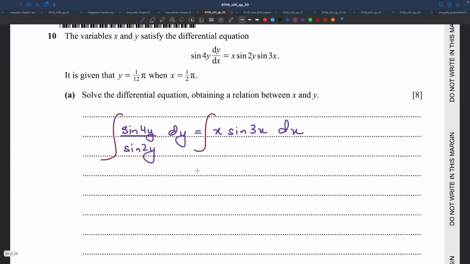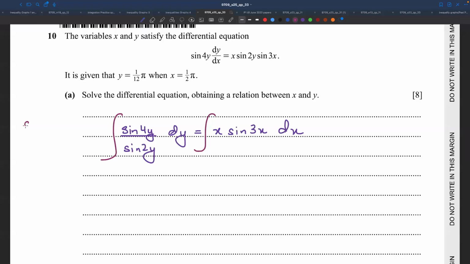Now to integrate sine of 4y upon sine of 2y, I will have to use an identity over here. I know that sine of 2a is equal to 2 sine a cos a. Similarly, sine of 4a is equal to 2 sine of 2a cos of 2a.